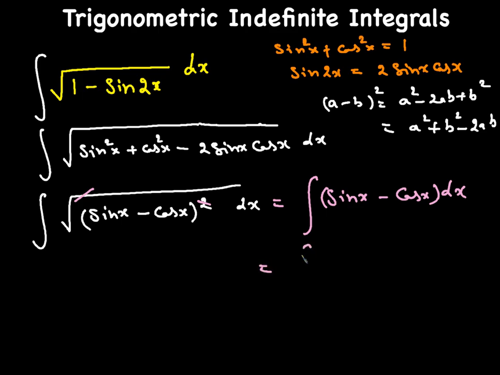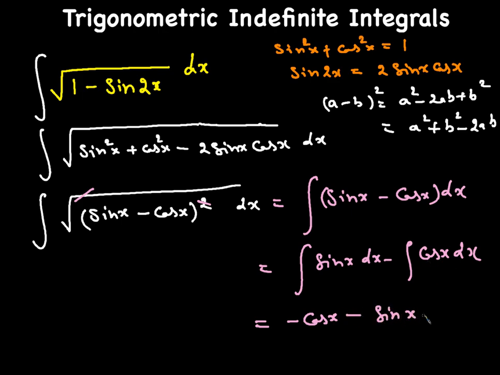It can be written as integration of sine x dx minus integration of cosine x dx. And from the formulas, we all know the integration of sine x is negative cosine x. So negative cosine x, and the integration of cosine x is sine x plus the constant.